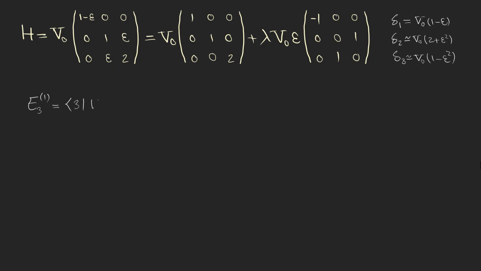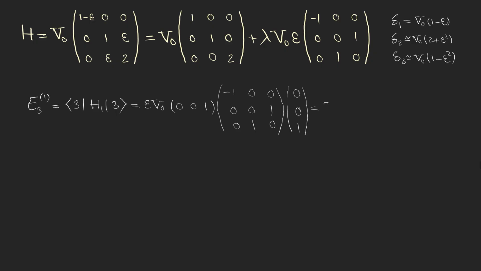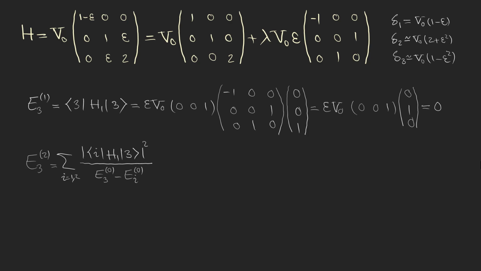We want to find the first-order correction to the eigenvalues for the state which is outside the degenerate subspace. As you can see, the first-order correction is 0. So, let's find the second-order correction using this formula. Pay attention that we can use it for the states which are not in the degenerate subspace with the same eigenstates as the basis for the unperturbed Hamiltonian.